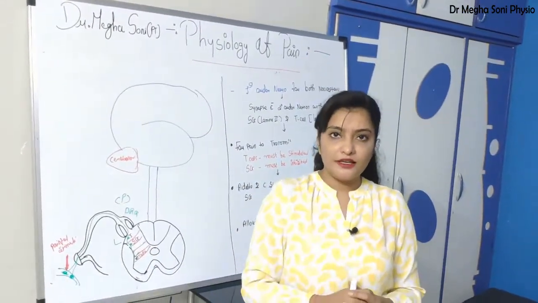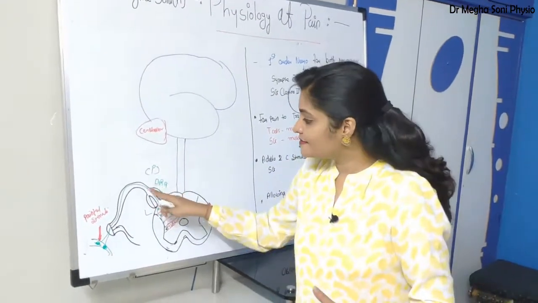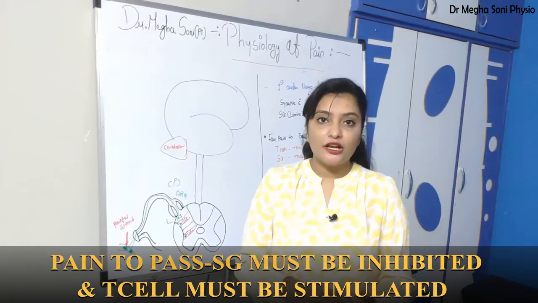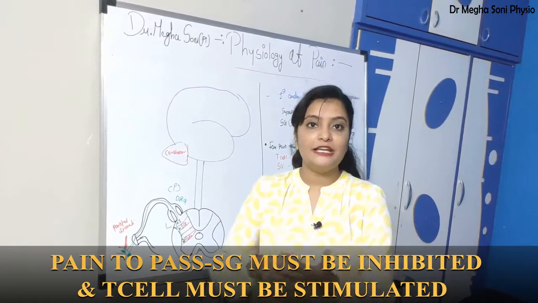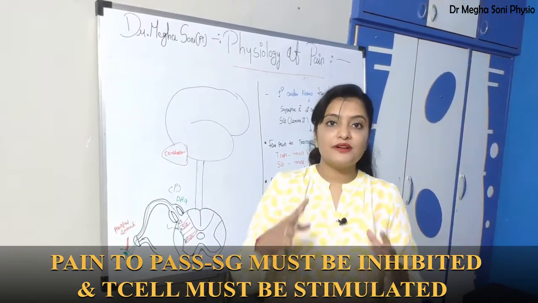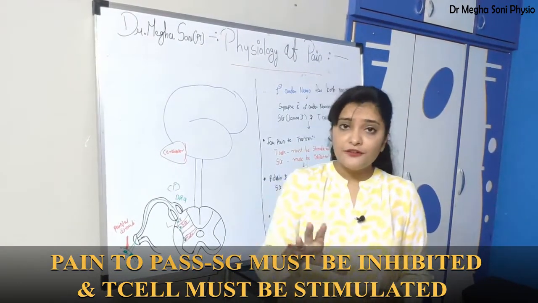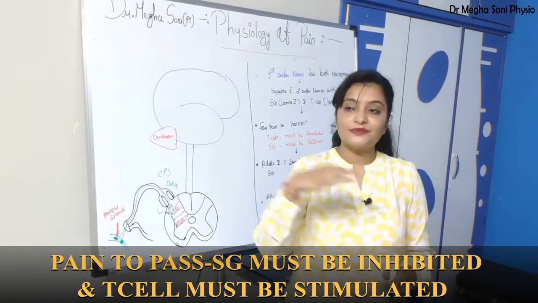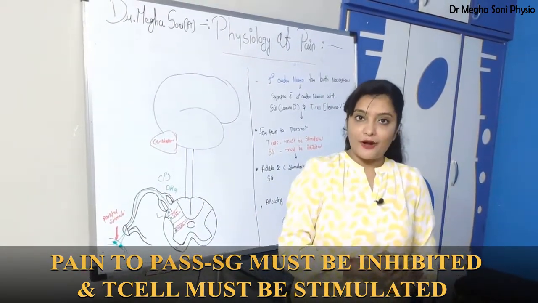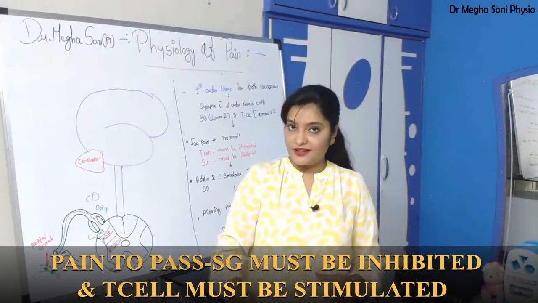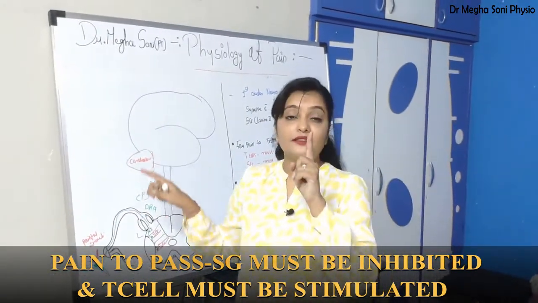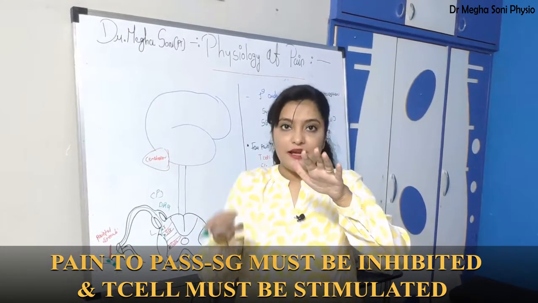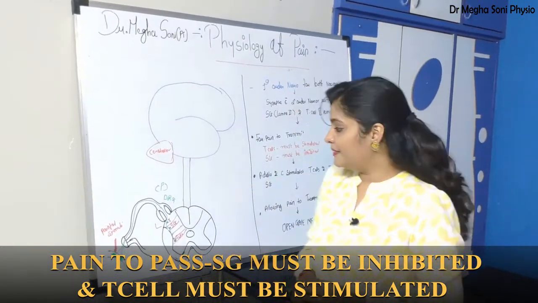Remember one thing: for pain to transmit from peripheral to central, the substantia gelatinosa must be inhibited and the T cell must be stimulated. If substantia gelatinosa is stimulated, the pain cannot transmit from peripheral to central. So for pain to transmit, the T cell must be stimulated and the SG, lamina 2, must be inhibited. Fine.